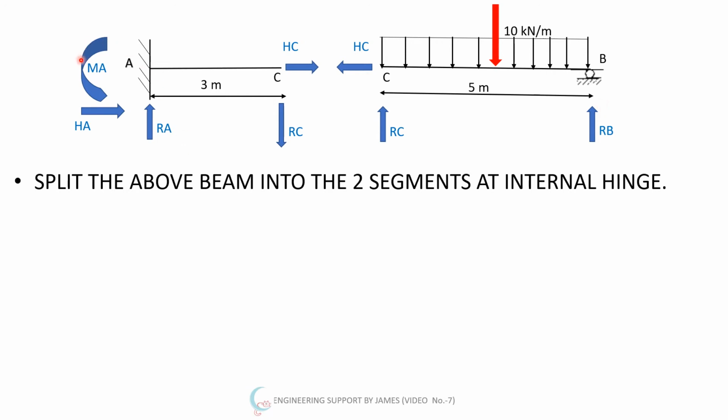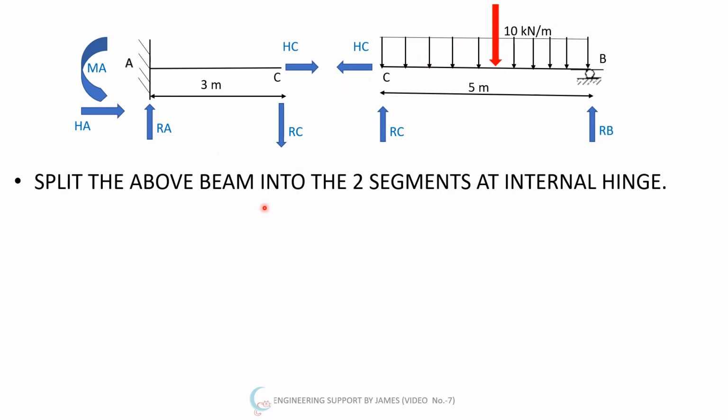So here you can see that there is MA, there is HA horizontal force, vertical RA, and at C there will be the upward RC and the downward RC, and we have shown this HC in the equal and opposite direction, which ultimately we have to neglect because there is no force.